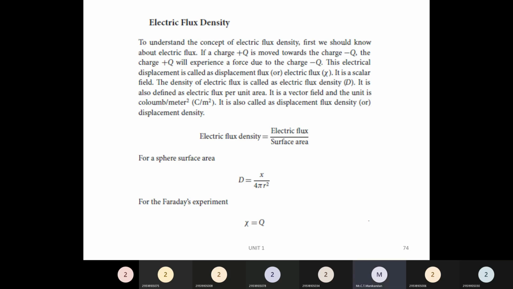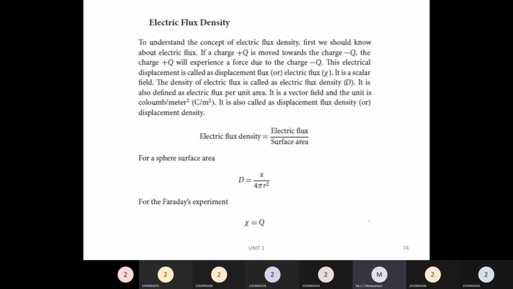The total electric displacement when you move a charge from one point to another is what we call electric flux. Normally it is a scalar field. The density of electric flux is what we call electric flux density, capital D.